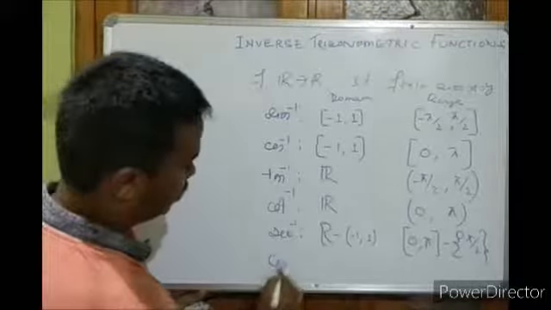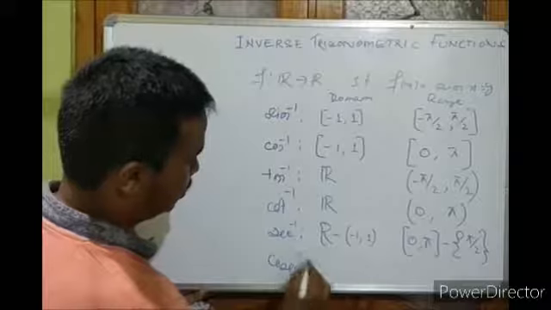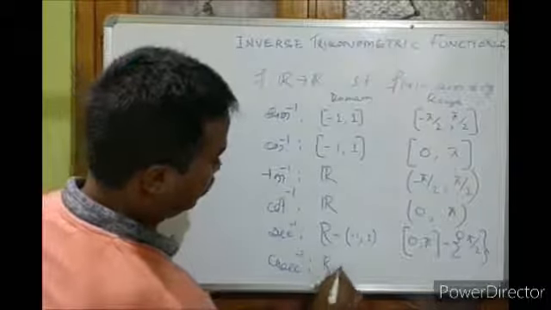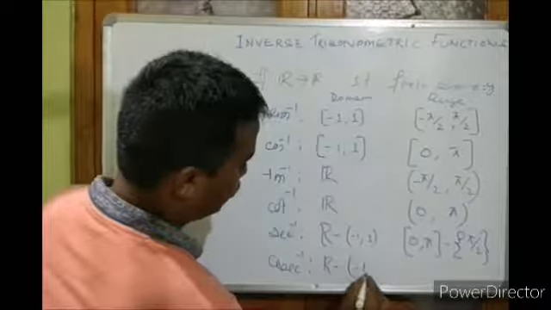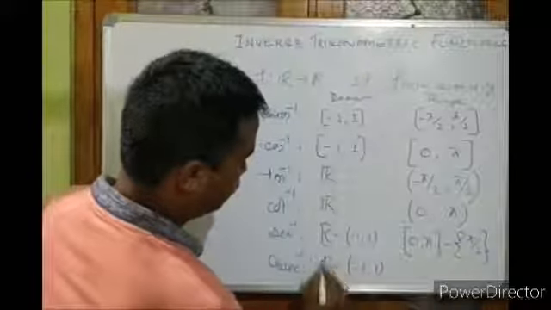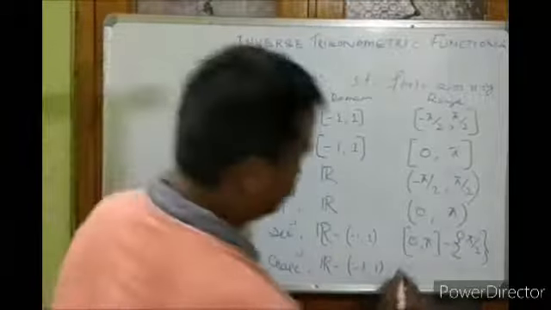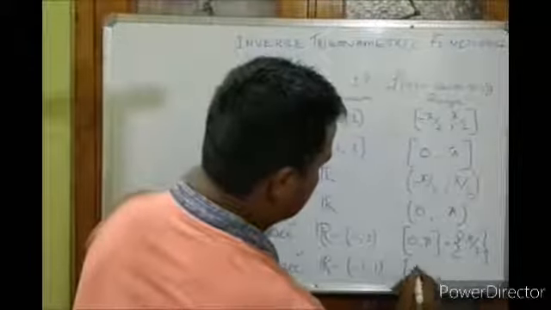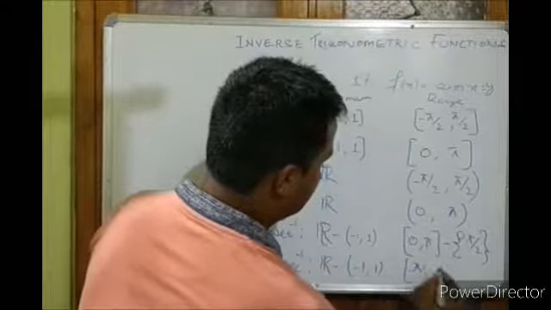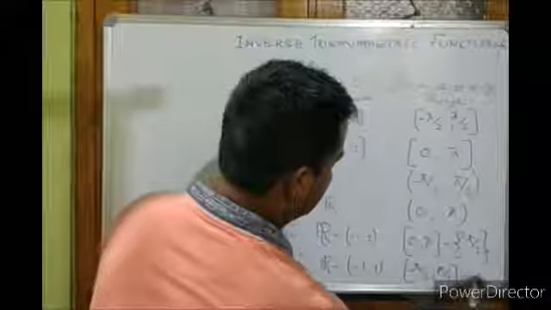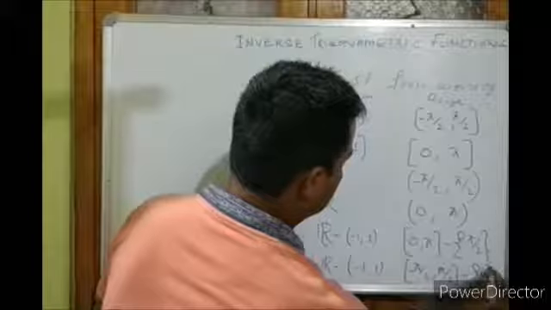And cosec inverse is from R minus the interval minus 1 to plus 1, and the range is minus pi by 2 to plus pi by 2 minus the element 0.